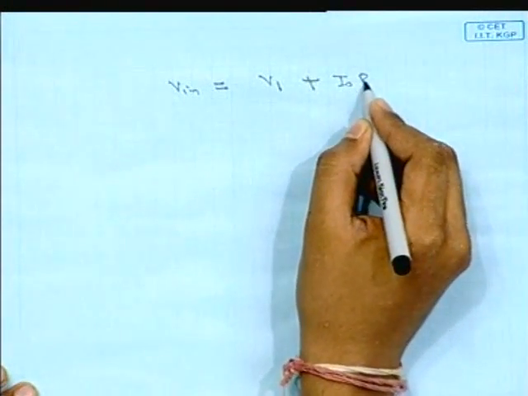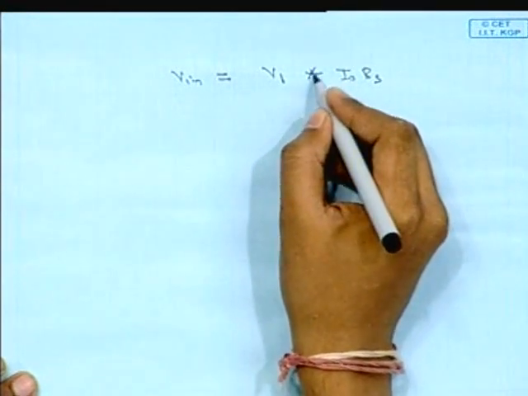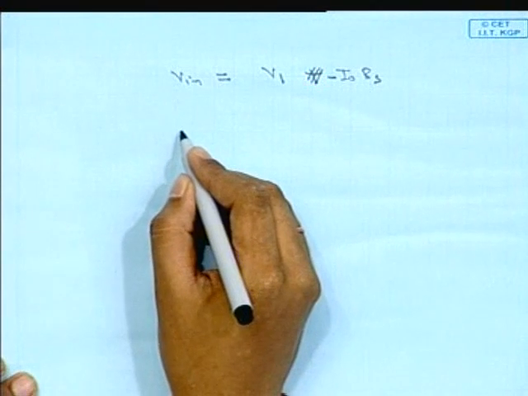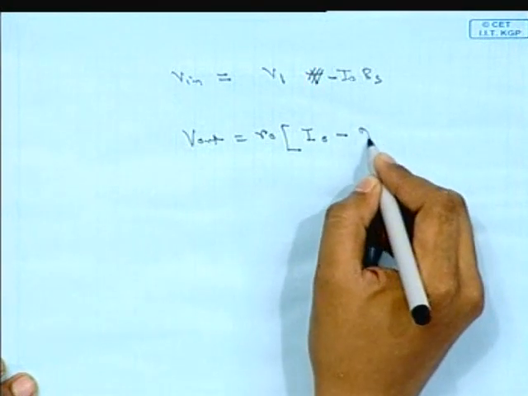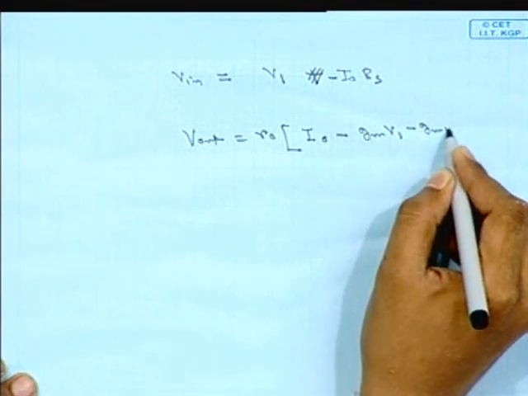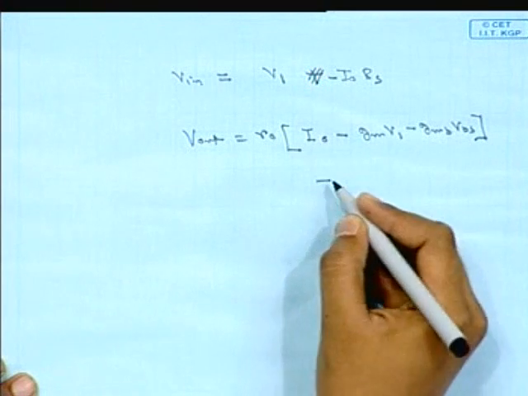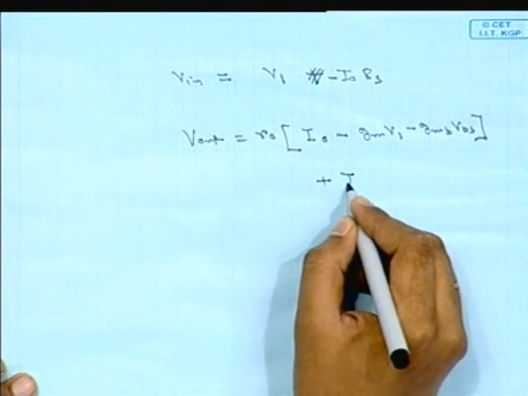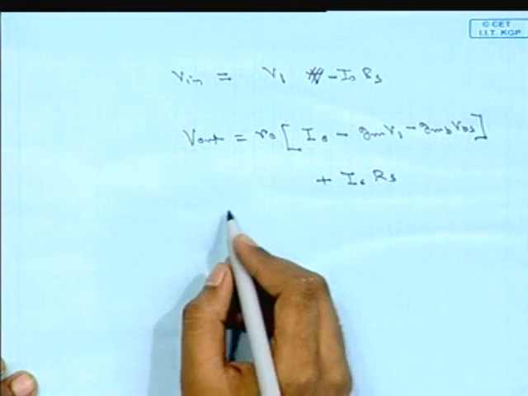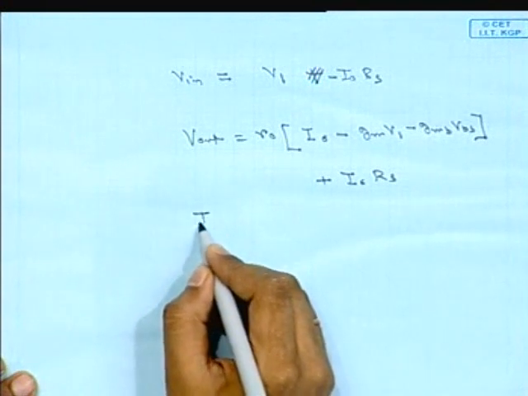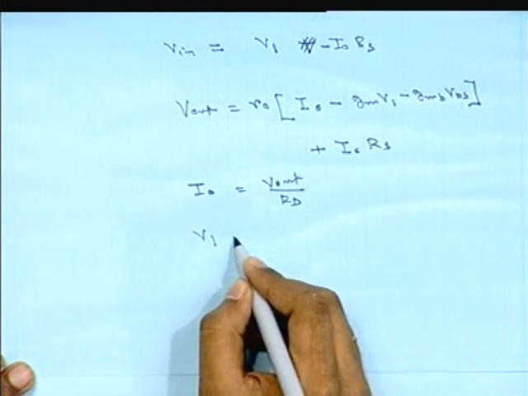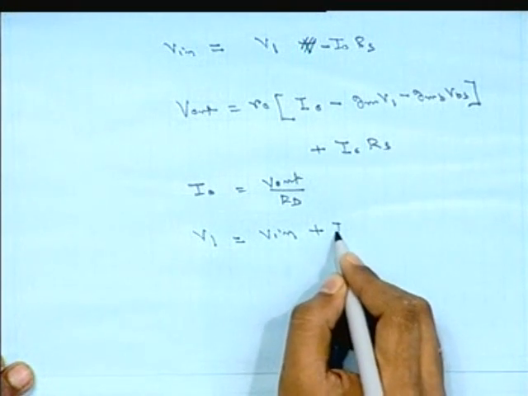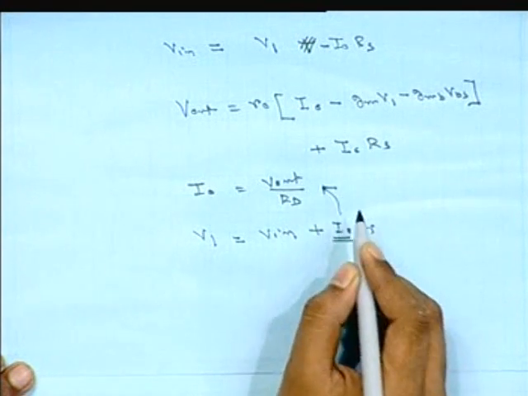So I can write here now, it is I naught into Rs, it will be minus, again this V out is, where I naught is nothing but V out by RD, and V1 we have calculated from that particular equation, and this I naught can be substituted by this.